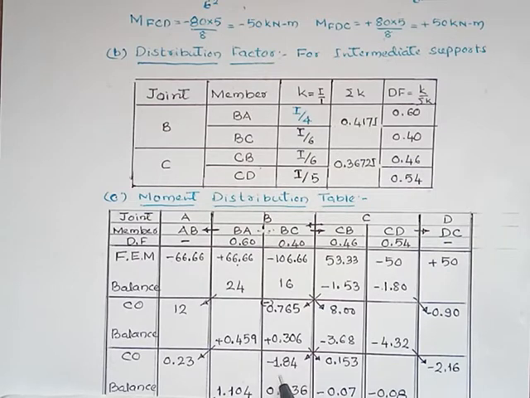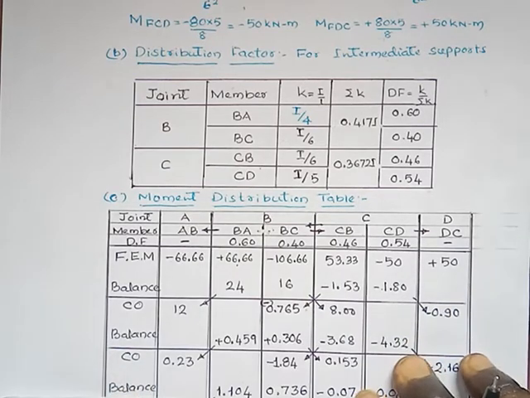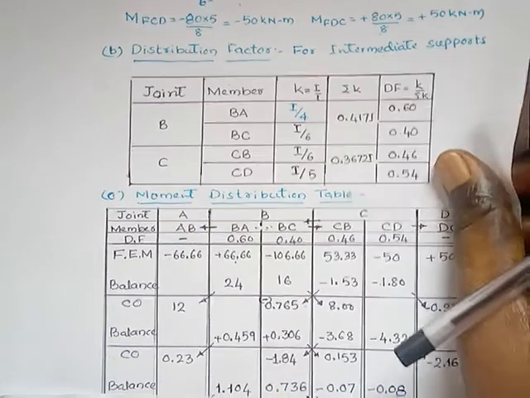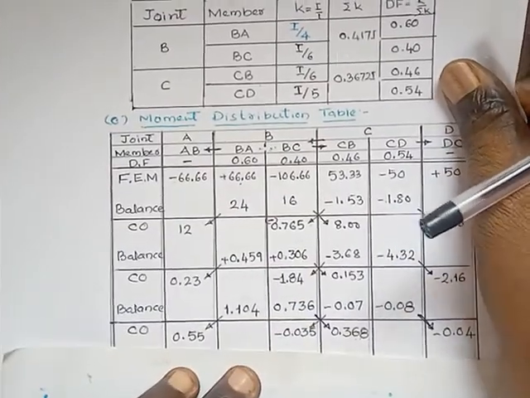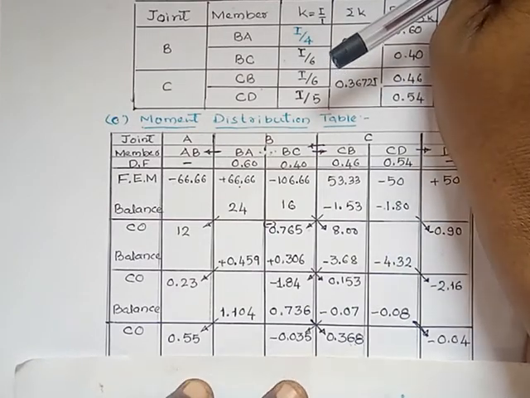Again, there is an unbalanced moment at joint B and C. Then we have to distribute, that is in the third cycle, to make it balance. Minus 1.84 is distributed among the two members at that joint, one is BA, one is BC.